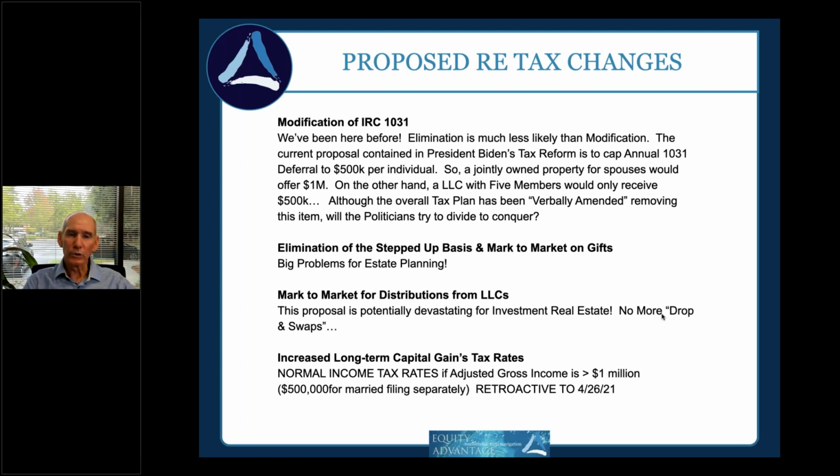That would no longer be possible. That distribution back out from the entity would trigger tax and destroy any benefit of the exchange. So the entity could do an exchange going forward, but the members could not. So imagine what that impact would be to real estate and the liquidity of the marketplace.